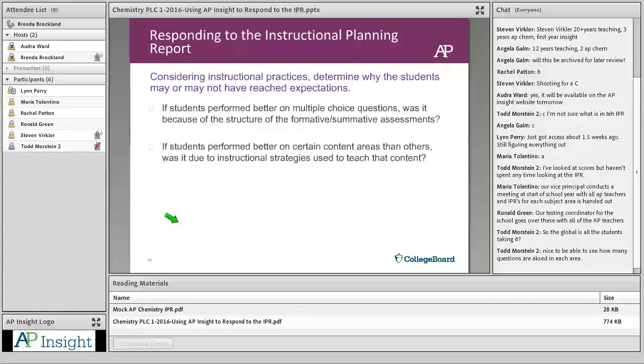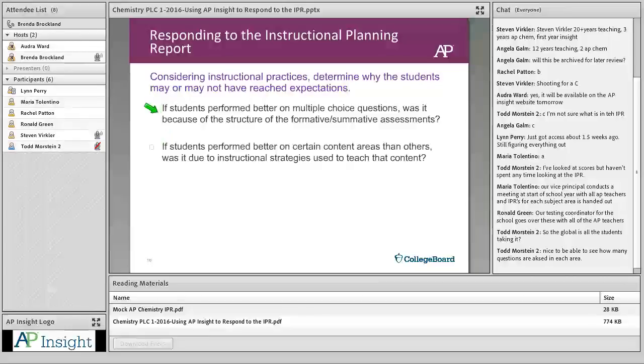So then if you were sitting down and you were trying to decide, like, okay, what should I actually do then? You would want to look to see, right, were the students performing better on the multiple choice questions? And maybe why were they performing better on the multiple choice questions? So was it because of some of the things that you had done in class?